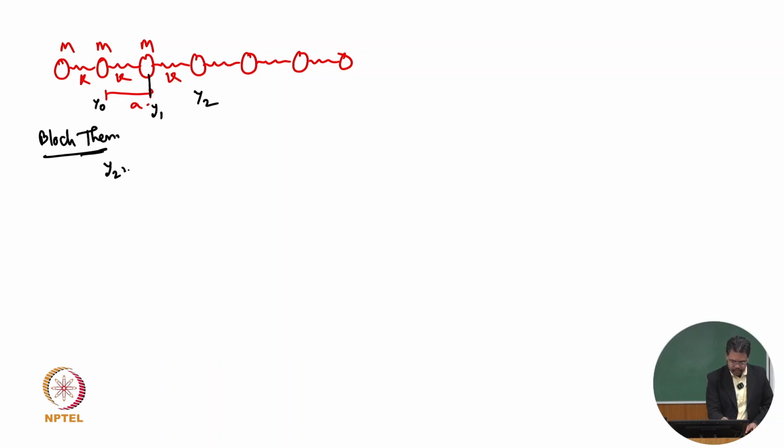I can write y2 equal to y1 e to the power of minus i kappa a, and y0 equal to y1 e to the power of i kappa a. Agreed, all of you?